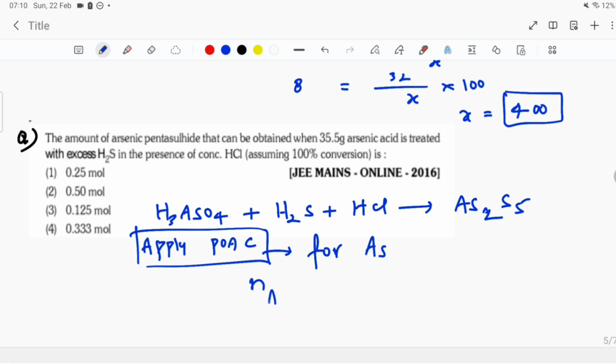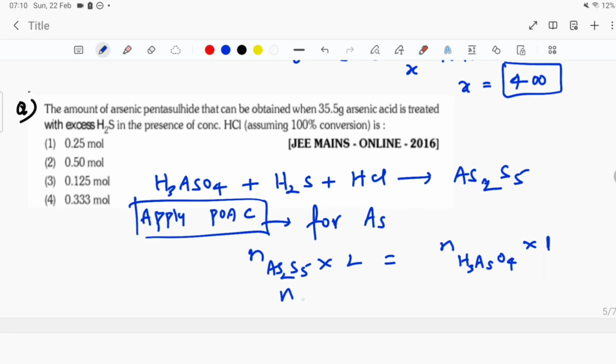Number of moles of As2S5 into... on the product side, how many arsenic atoms? 2 here. On the reactant side, number of moles of H3AsO4, only 1 mole of arsenic, so into 1. So moles of As2S5 is equal to 35.5 by 142 into 2. Overall here you will get 0.125.